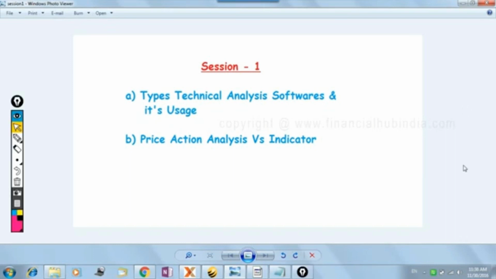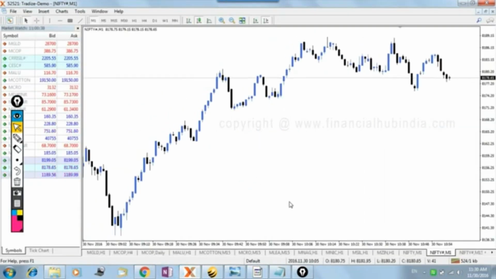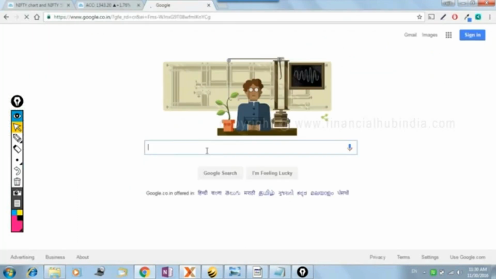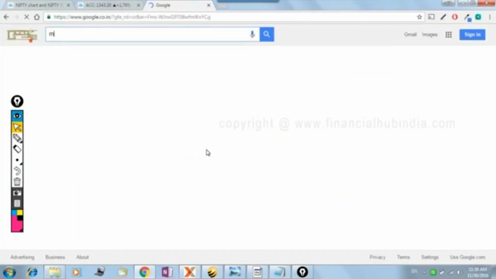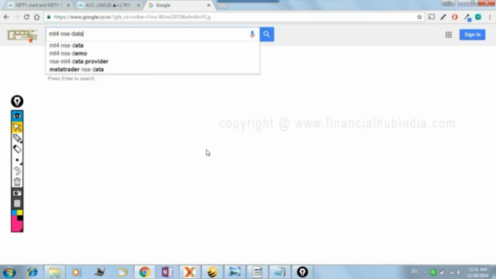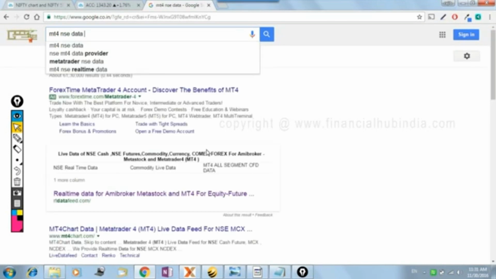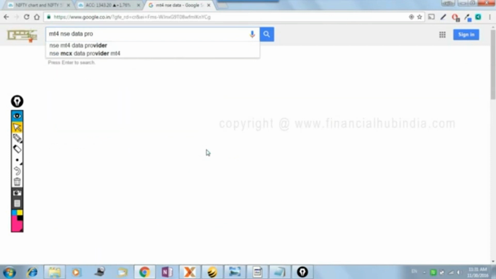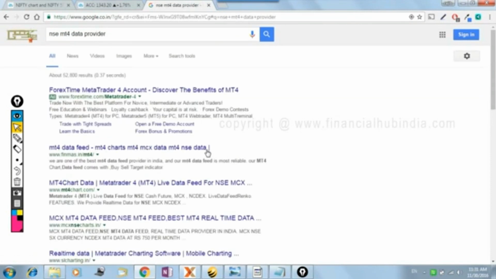So the first software I want to share with you is MT4. MT4 is MetaTrader 4, and this is the software. If you go to Google and just type MT4 NSE data provider, there are a lot of vendors you can see, so you can buy those data from anywhere.